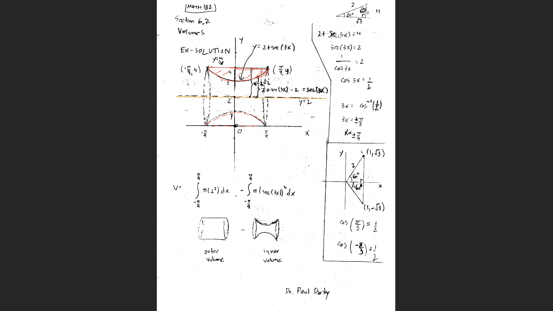Okay, and we're rotating it about, well, I'll just highlight this here also. So I wonder what, I mean, here's the region that we're rotating about the line y equals 2.